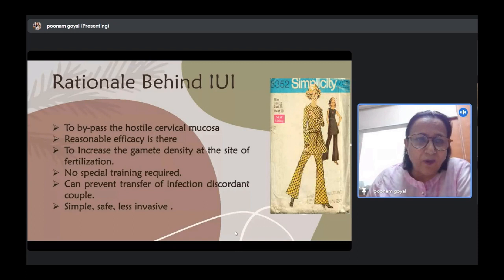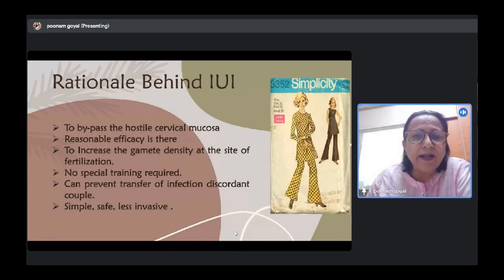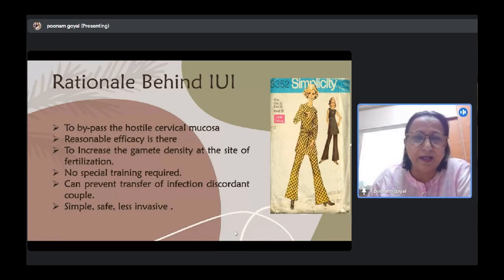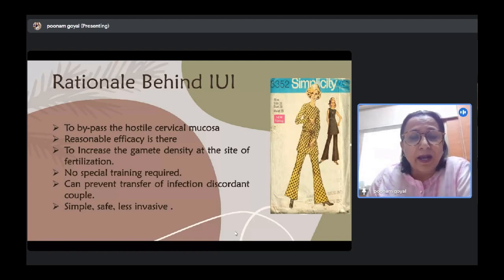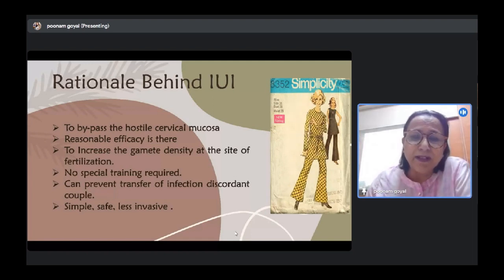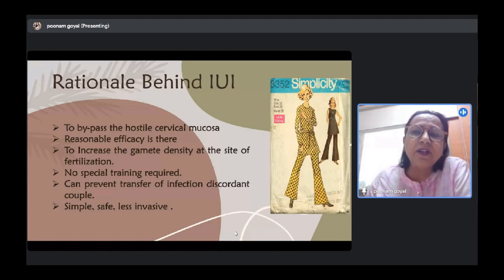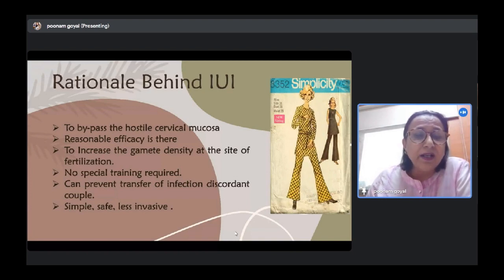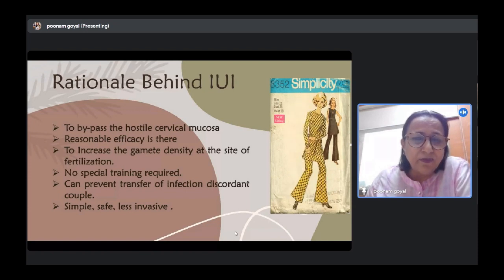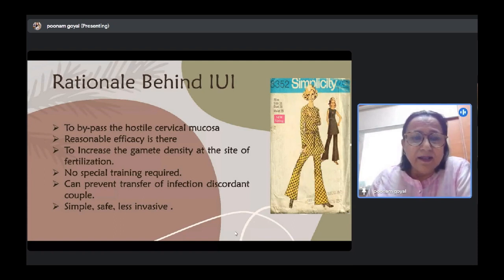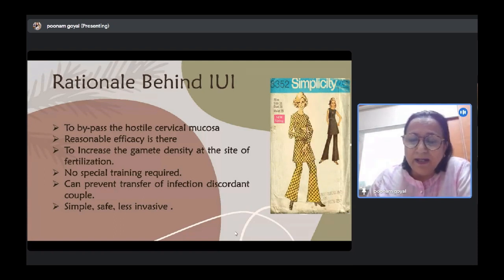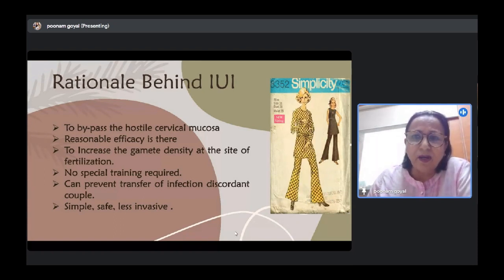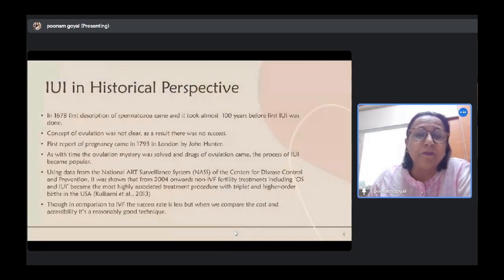That is why it is very popular, to increase the gamete density at the site of fertilization. There is no special training required for this procedure. Learning curve is almost nil for a gynecologist. It can prevent transfer of infection in cases of discordant couples, and it is a simple, safe, and less invasive method. That is why it is so popular.